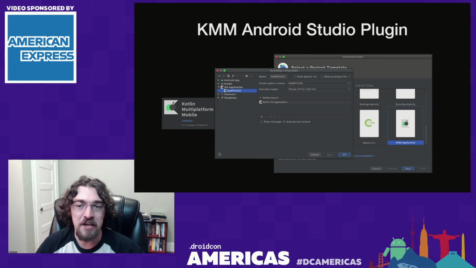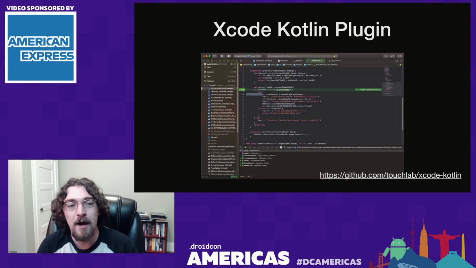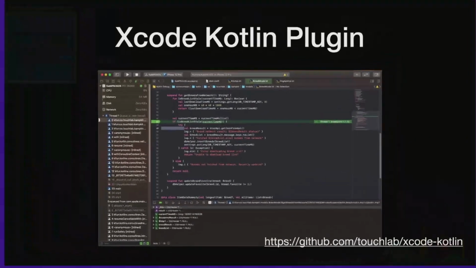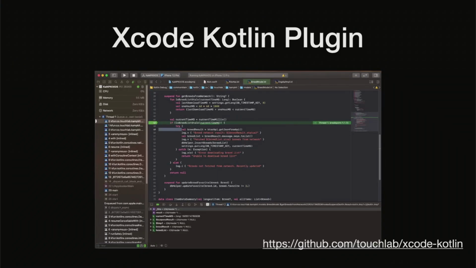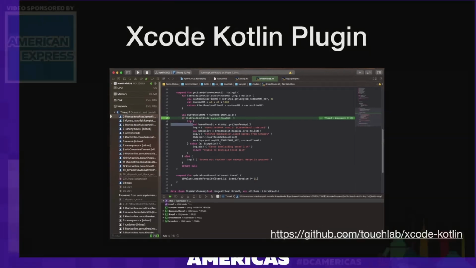But in addition to the Android Studio plugin, we at TouchLab maintain an Xcode plugin for debugging Kotlin. This lets you, from the more native iOS context, set breakpoints in your Kotlin code in a way that's visible to the Xcode project, and debug your Kotlin code that way.